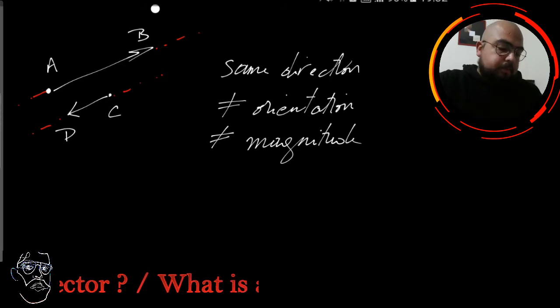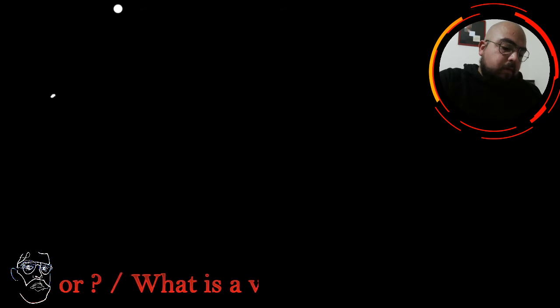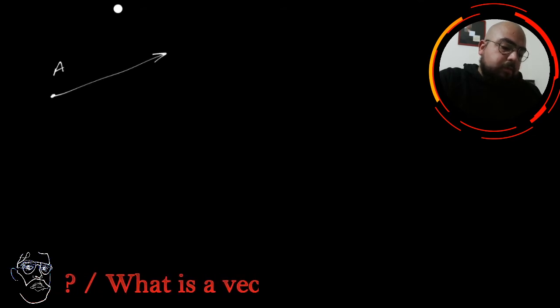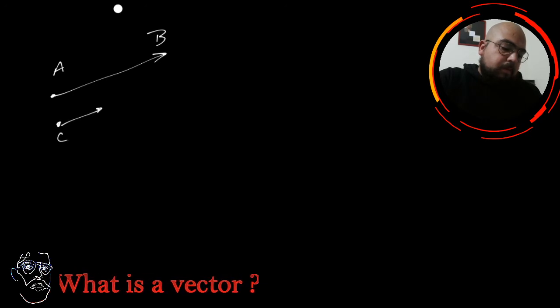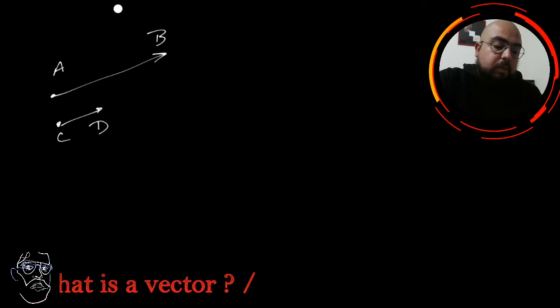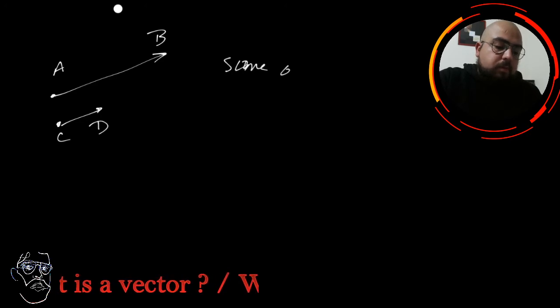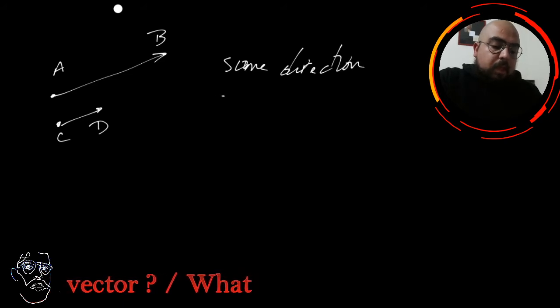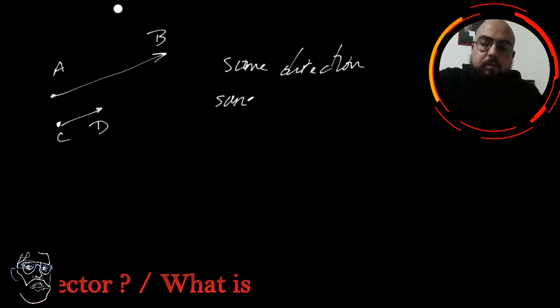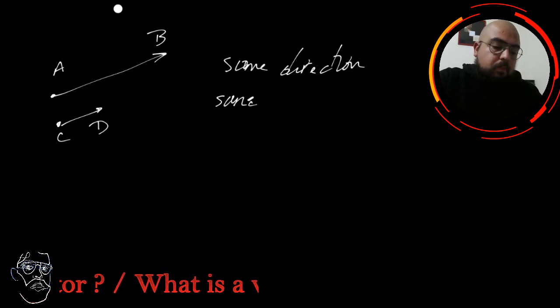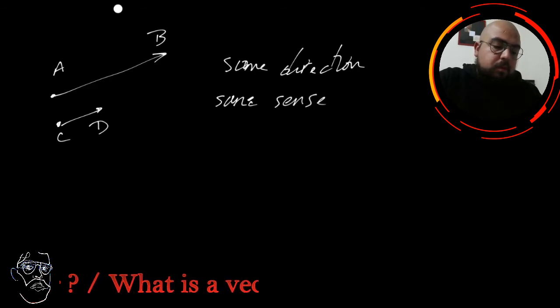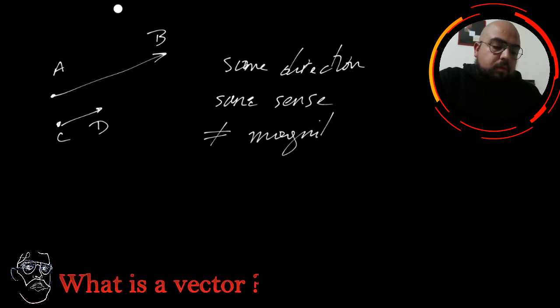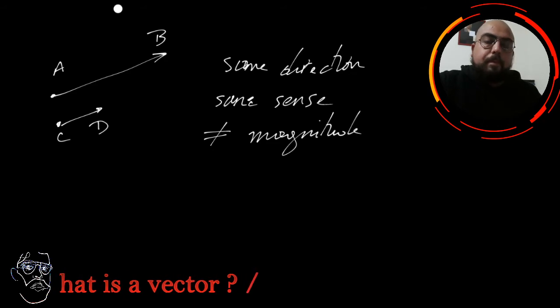A third case, whenever you have, let's say, AB and CD, as you can see, they have the same direction, same sense, but different magnitude. All right.